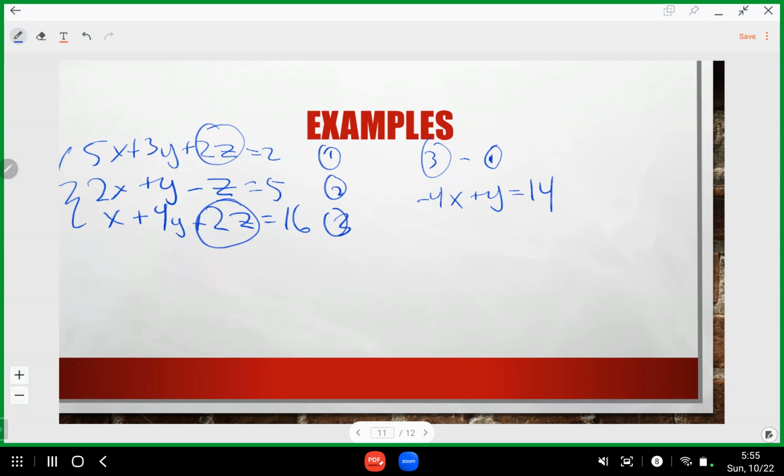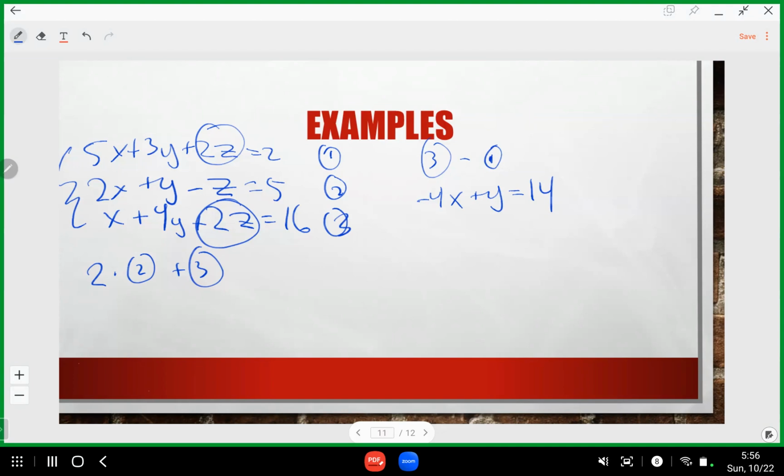Now we need to get another equation like that. So what we can do is add 2 and 3. So let's basically multiply equation 2 by 2, 2 times equation 2 plus 3. And this is basically the beginnings of matrices actually, like matrix manipulation.